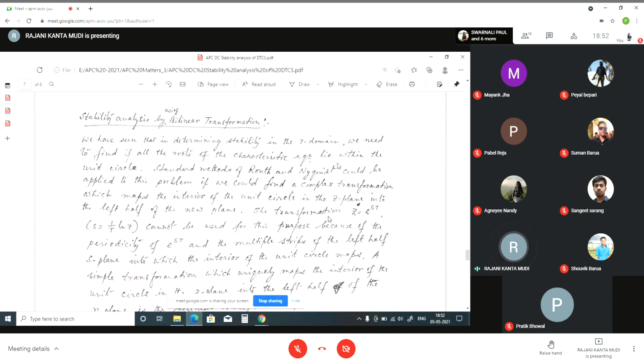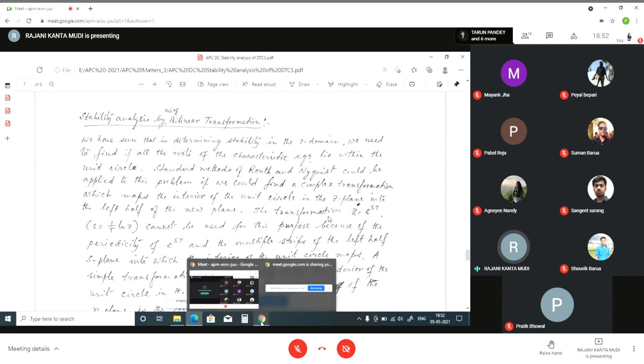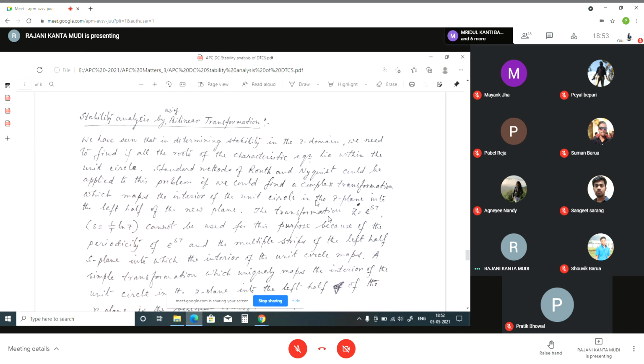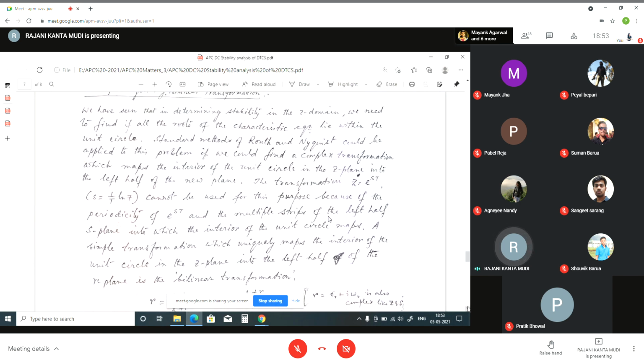So that is why, if somehow we can transform the stability boundary, stability boundary means the unit circle in the discrete domain, to another complex plane whose left half plane represents the unit circle, then we can easily apply the Routh-Hurwitz criteria for testing the stability of the discrete time system.